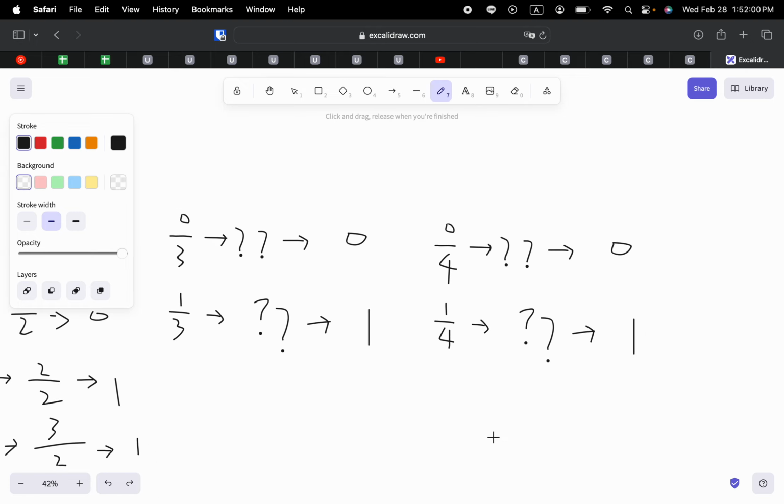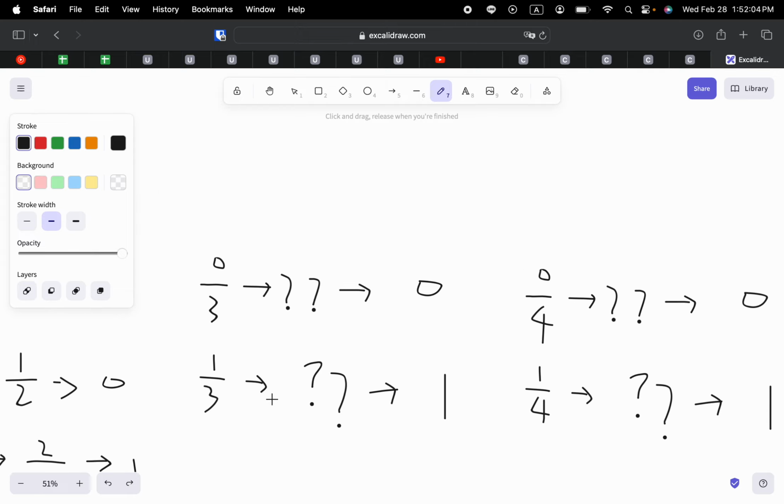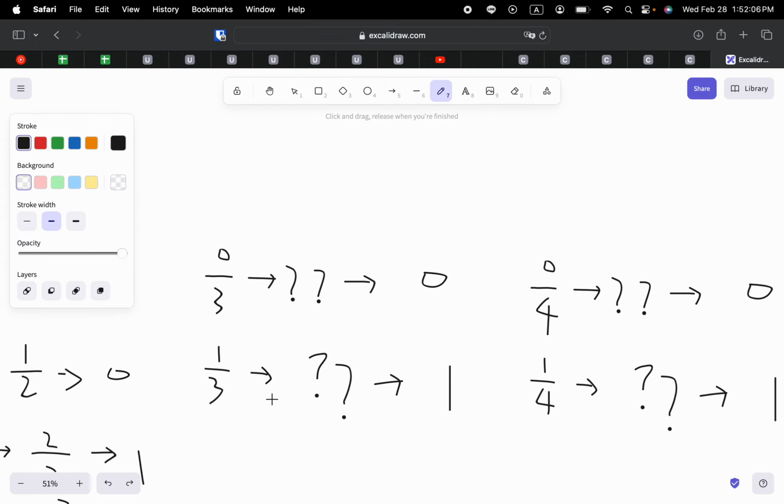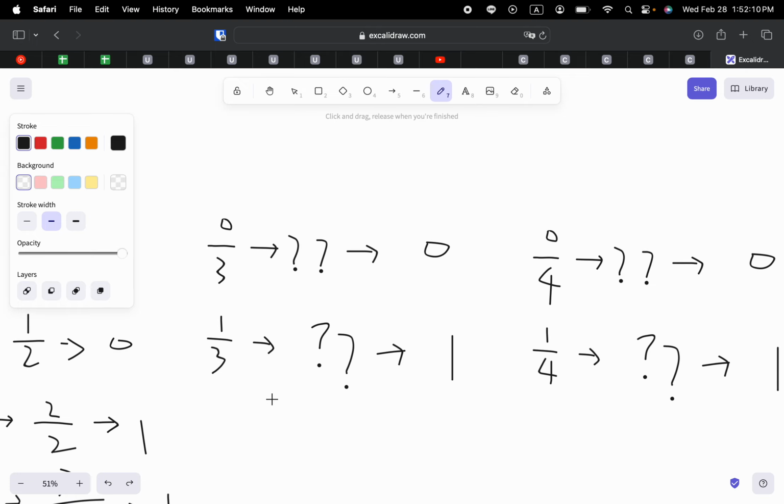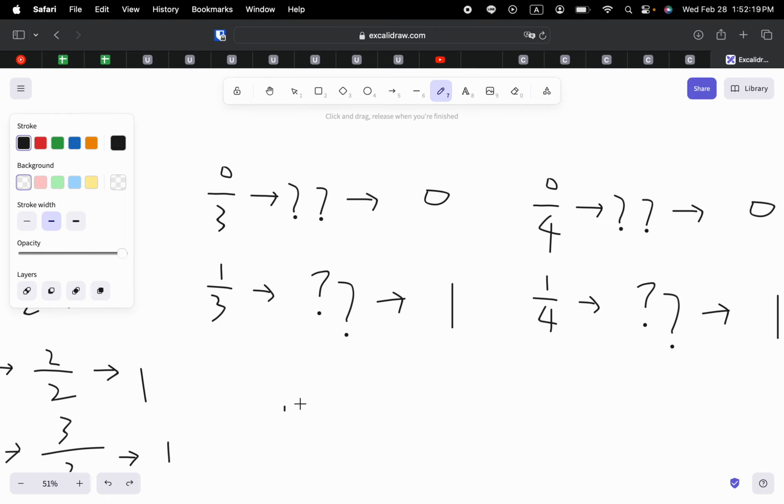Check if it's divisible. If it is not divisible, then add 1 to the result. You can do that with mod, but you should know that mod is very slow.